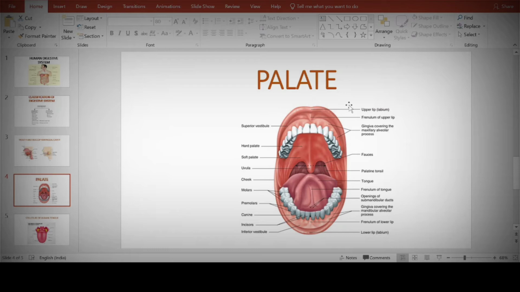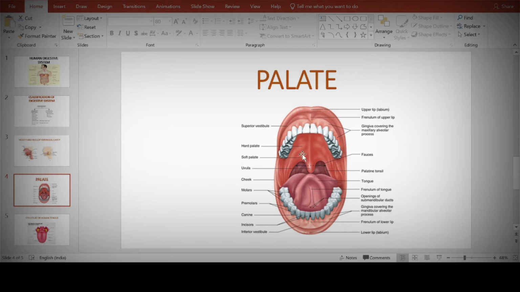In humans, the hard palate is basically made up of maxilla and palatine bones. This is the frontal part, which contributes to the hard palate, and this portion forms your soft palate.